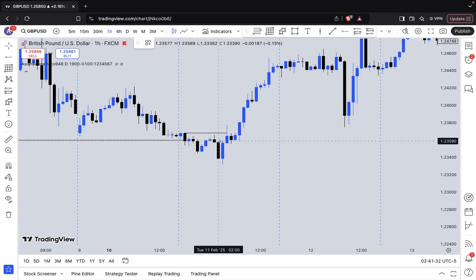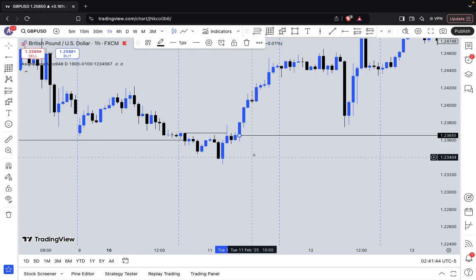I waited for price to give me another break. On the 15 minute time frame, price broke this high, then I was anticipating buying from here.